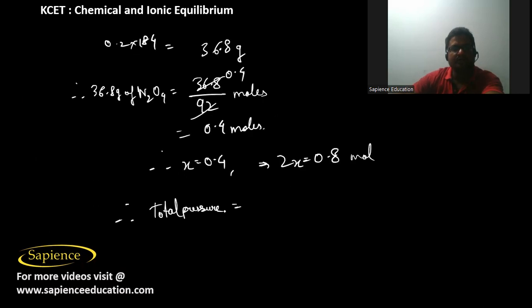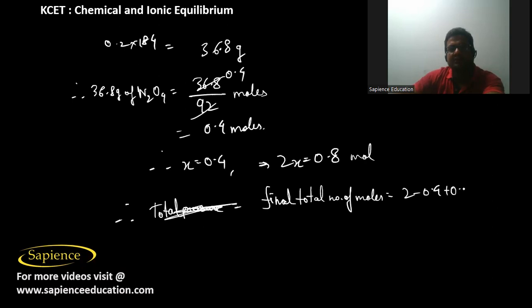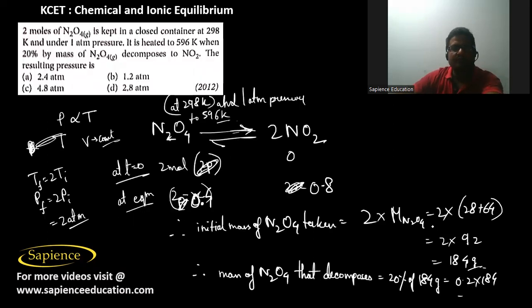So the final value of total number of moles will be equal to 2 minus 0.4 plus 0.8, which is equal to 2 plus 0.4, that is equal to 2.4.